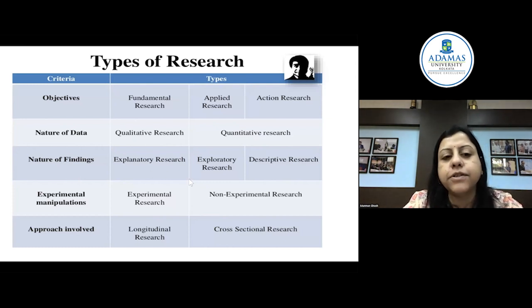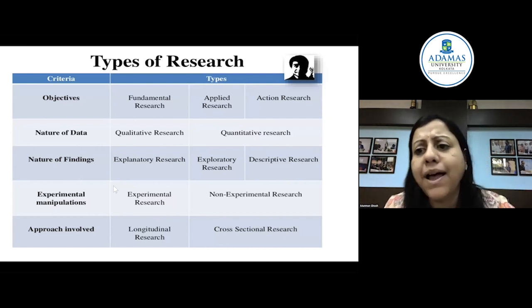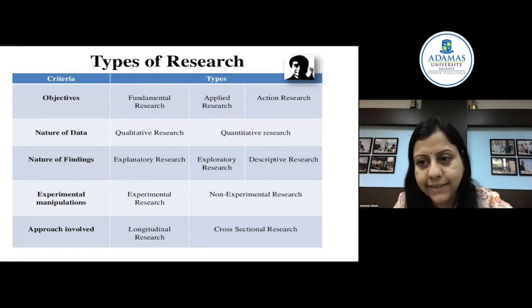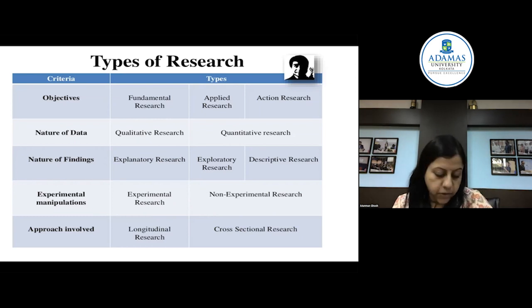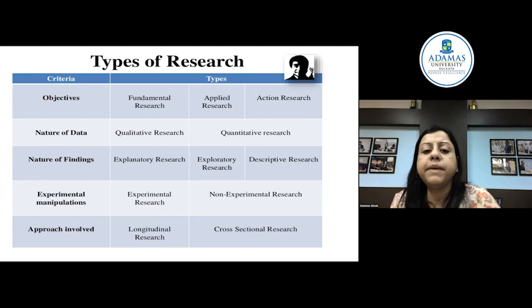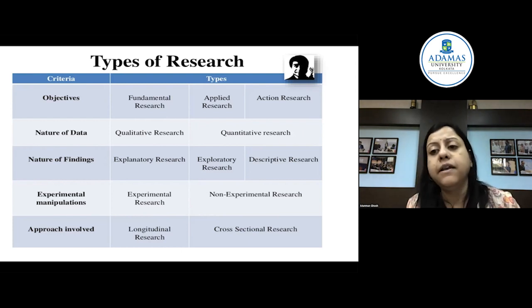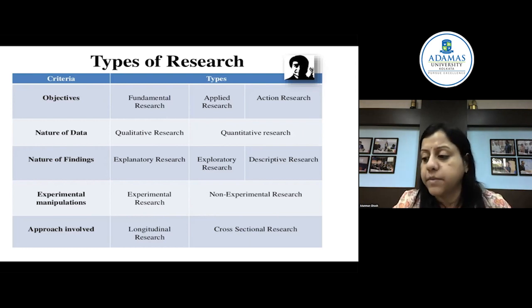Yes. So these are the types of research. When you are formulating the research problem, ask yourself: what will be the nature of my data? What will be my findings? How do I look at finding my data? Am I interested in exploring only, or in doing some explanatory work, or in going beyond description?